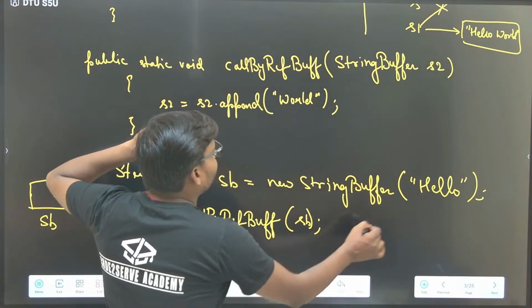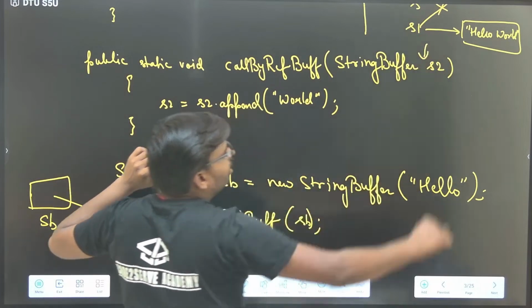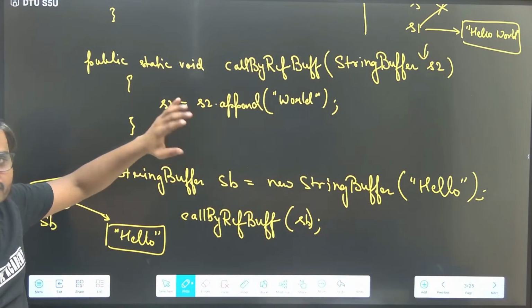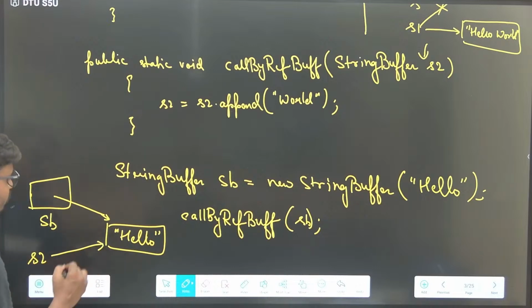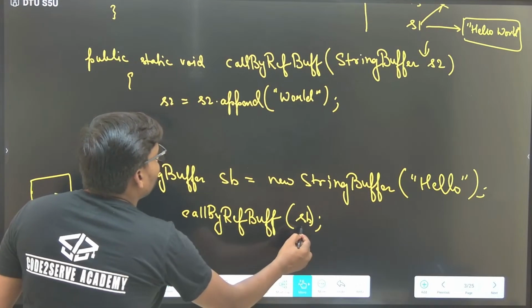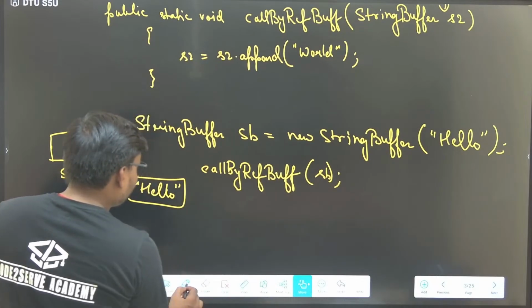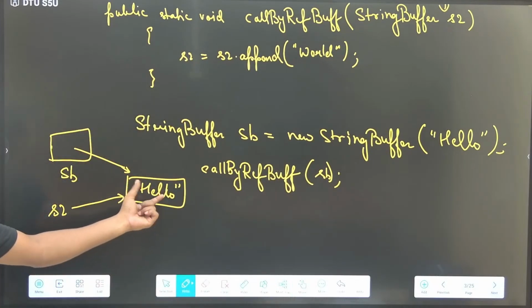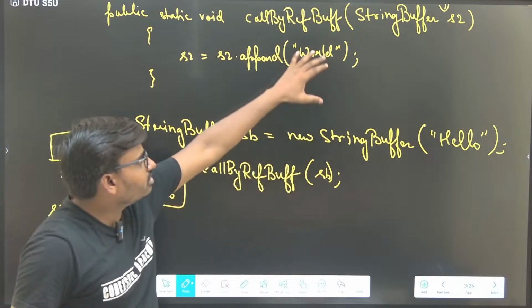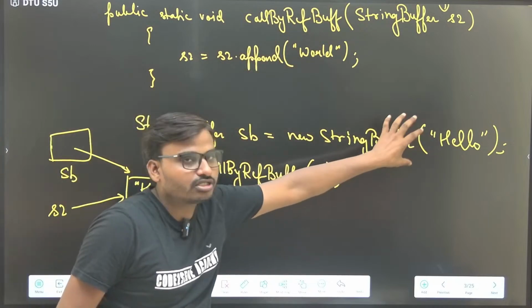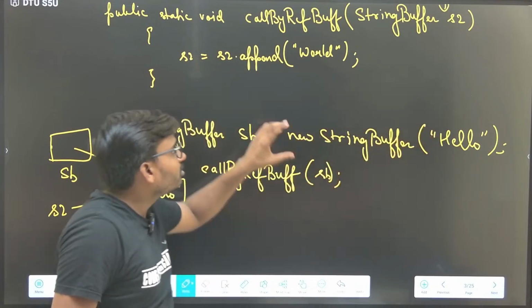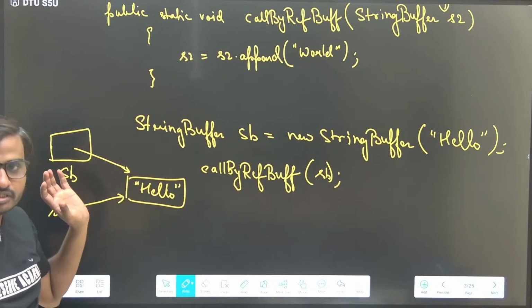As soon as you call this, this will get here. Now S2 is created in the memory. Now S2 will also point to this memory location. Since you are passing this by reference, it will point to the same memory location where this hello was present. This S2 will also point to this.